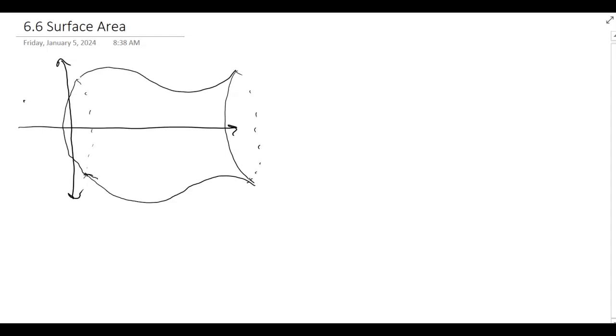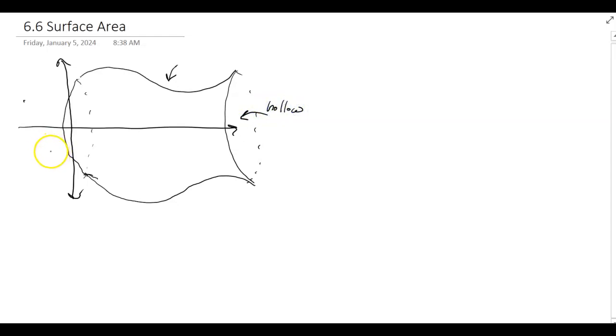When we talk about surface area for a curve revolved around an axis, we're only talking about the curve portion of the surface area. I want you to keep that in mind. The base, this is hollow, okay?